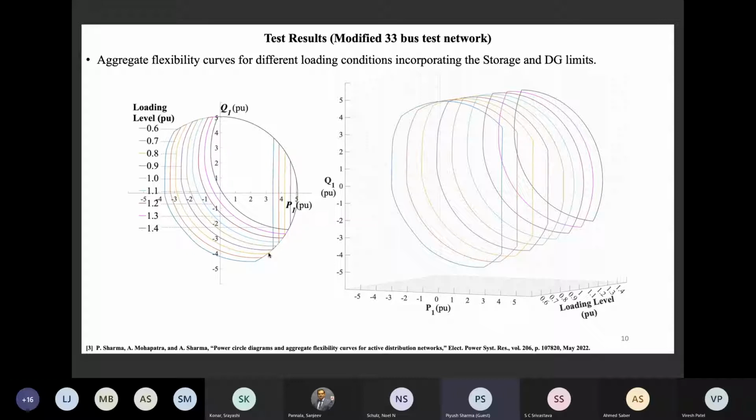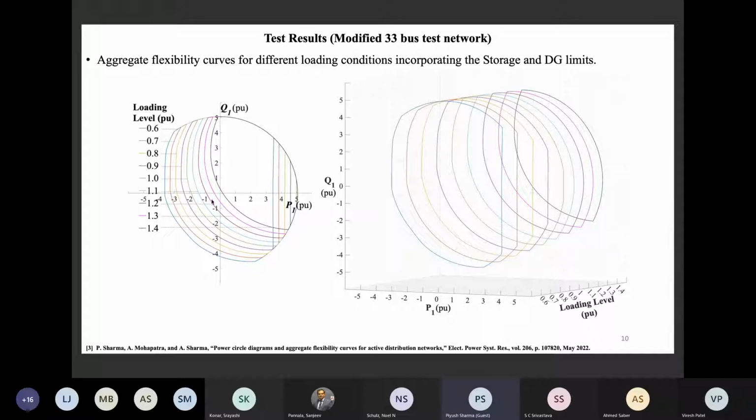So this curve represents, on an aggregate, without violating the static security of the network, that means without violating network operating limits, without violating the power output of distributed resources, this much real and reactive power can be realized at the transmission distribution interface. And for different loading levels, we change the load uniformly and then obtain different curves.